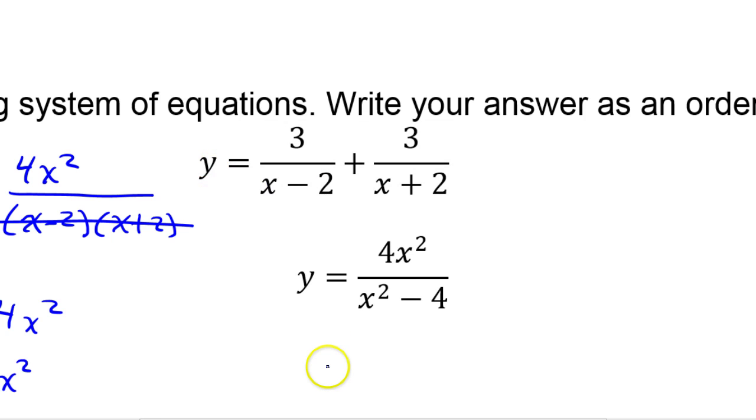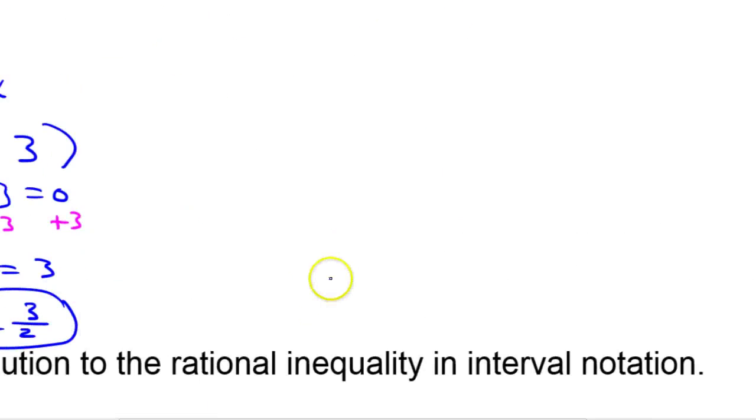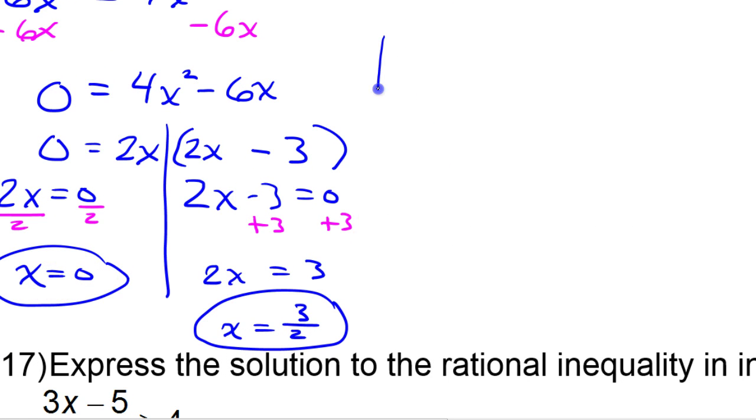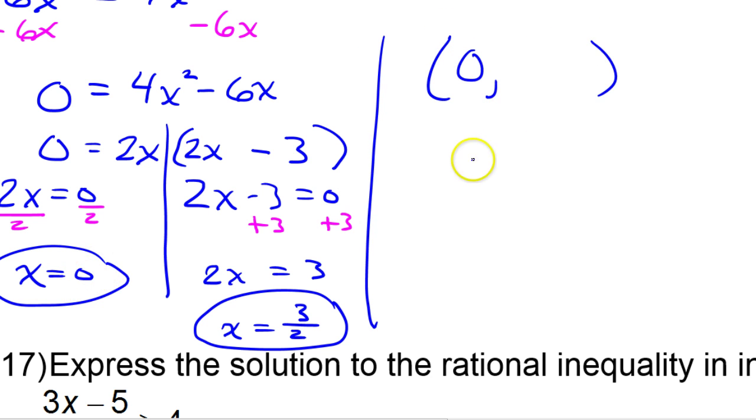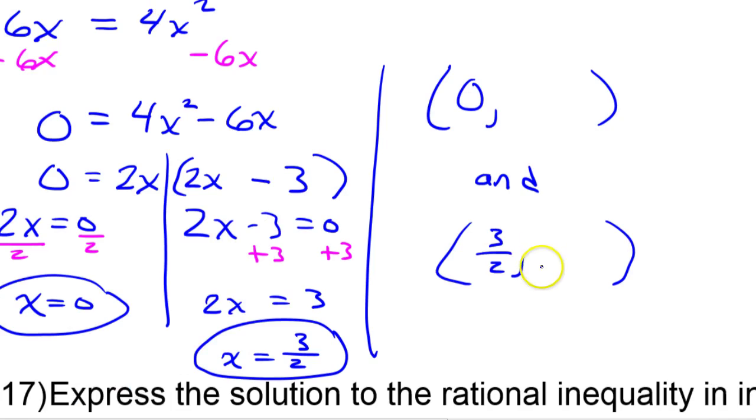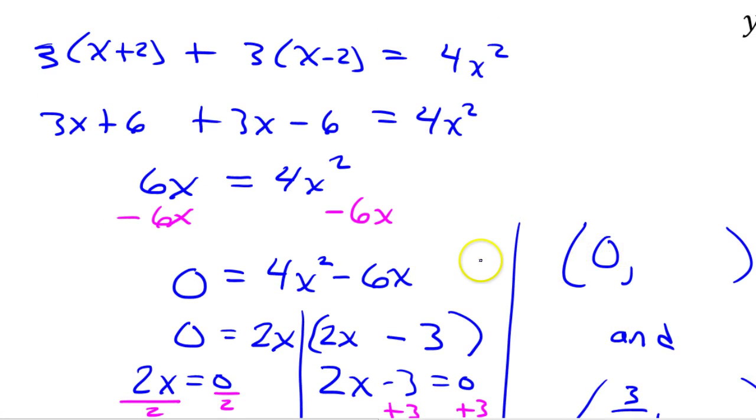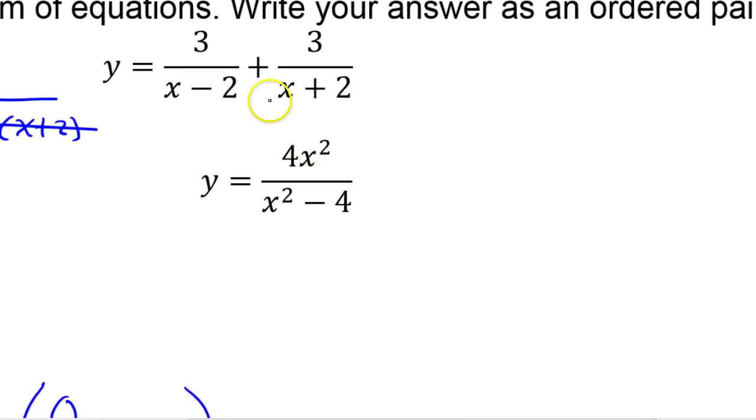So see that y value? That's reminding us that not only do we need x values, but we need y values. So I've got 0 from this, but I need the y value that goes with it. And I've got 3 over 2, but I need the y value that goes with it. So how do I get the y value? Well, I can take these x values and substitute them back in to the original equations.